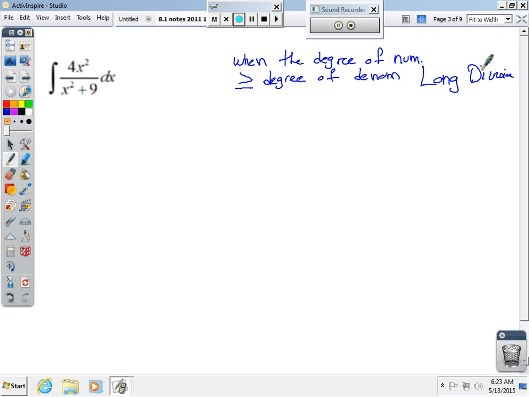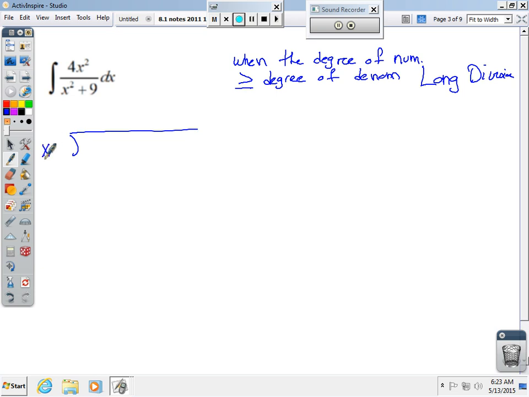So we're going to do long division for this one. Again, if you did try u substitution, you'd make u equal the denominator x squared plus 9, and when you took the derivative of that, you'd get an x, and the numerator is an x squared. So you're going to have to do long division. I'm not going to show you that u substitution doesn't work. Just trust me.